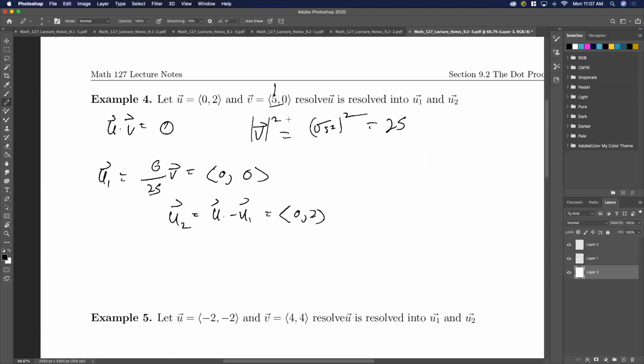So v is 5 in the x direction, 0 in the y, so this is my v. My u is 2 in this direction. So if I projected it down, I ended up with the 0 vector. I have nothing, right? And so if the projection is orthogonal, as it is in this case, my dot product, if they're perpendicular to each other, we have nothing.